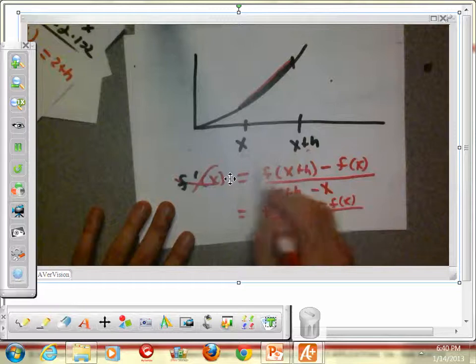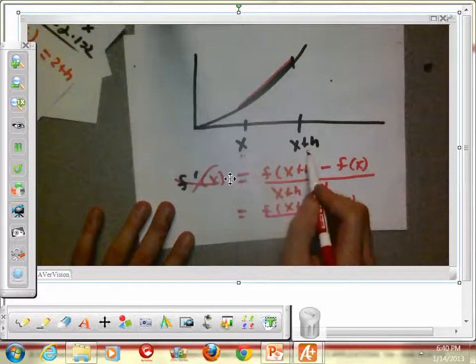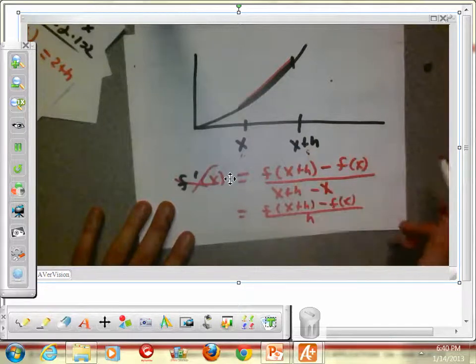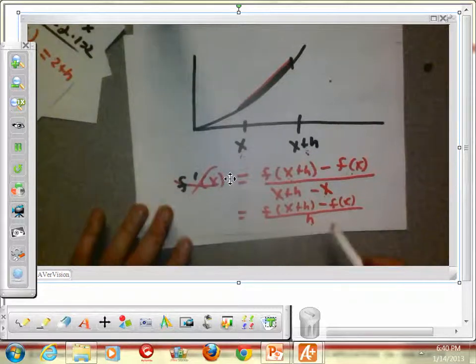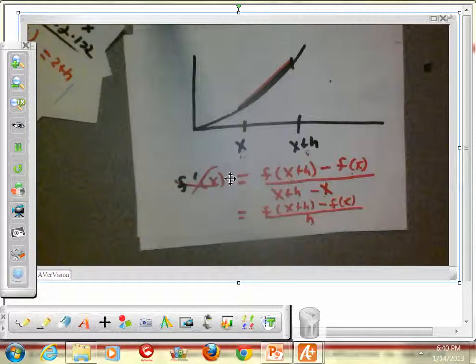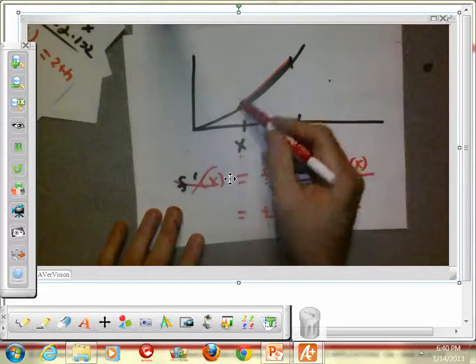So you have 2 x values, x and x plus h. The difference in the y values, given by f of x plus h and f of x, divided by the difference of the x values, x plus h minus x, which is just h, gives you the slope of this red line over here.